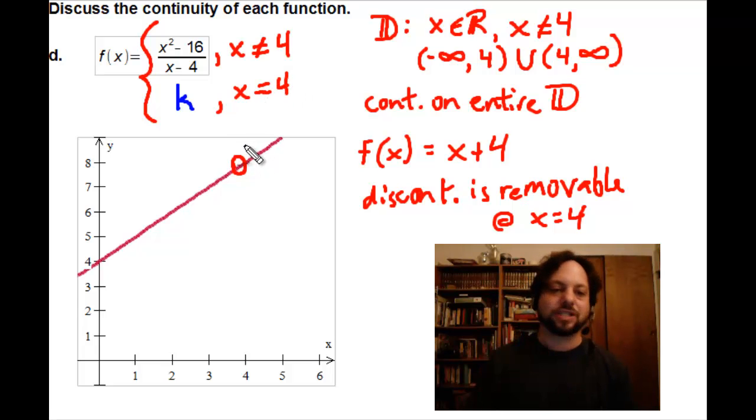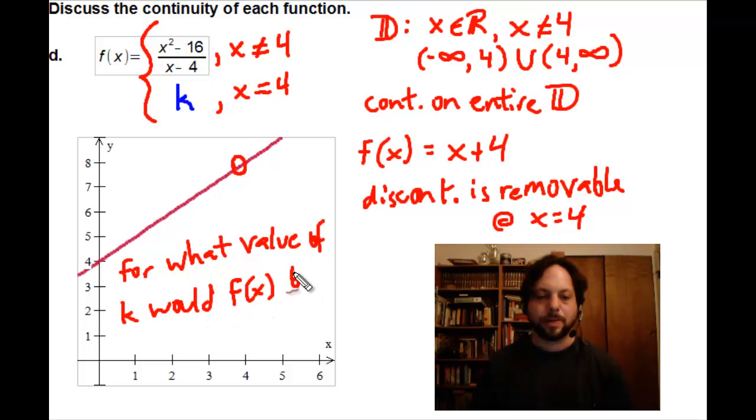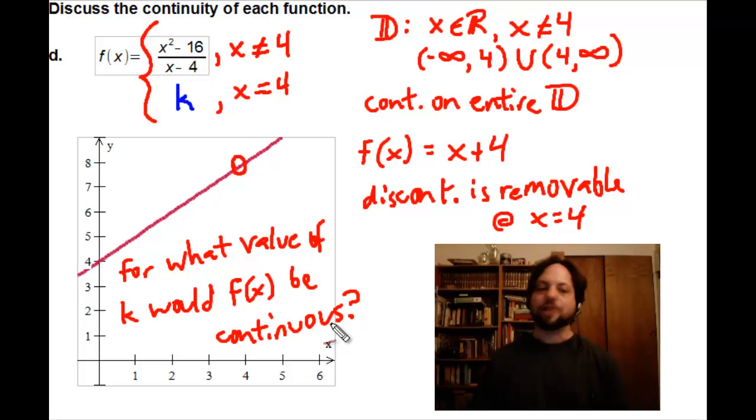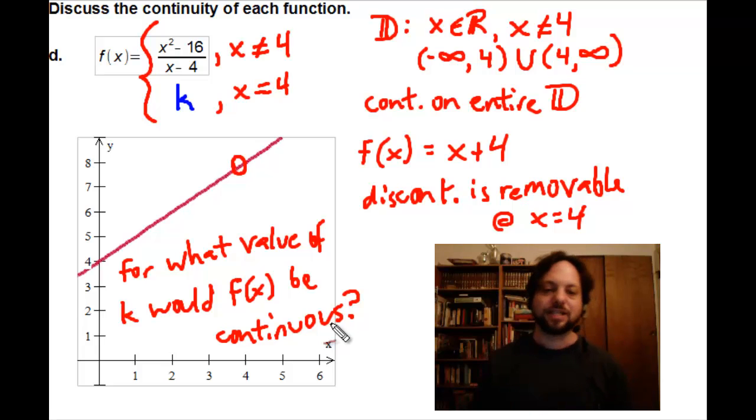So I now present to you the question: for what value of k would f of x become continuous? This is a very interesting question, and this is the kind of question that could show up on your AP exam. They love to throw these things on there. For what value of k would this piecewise function become continuous?